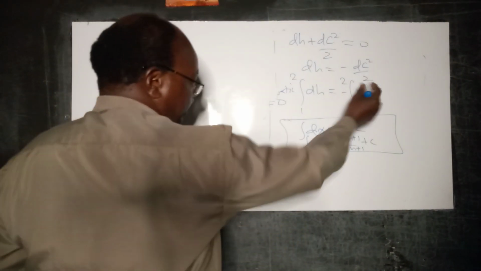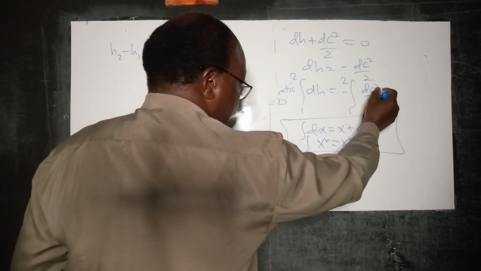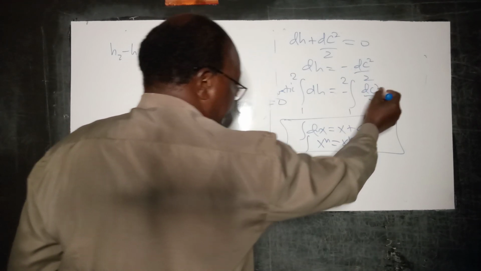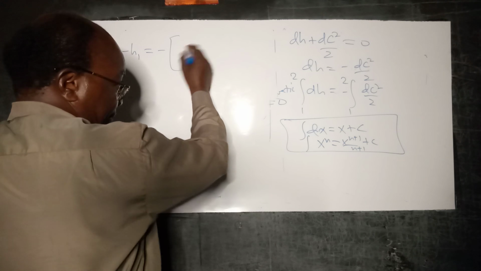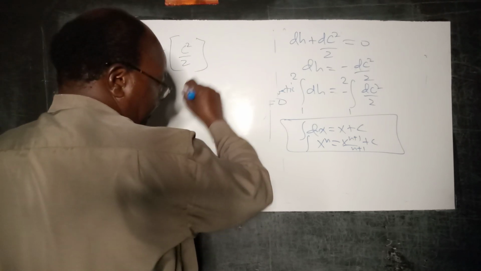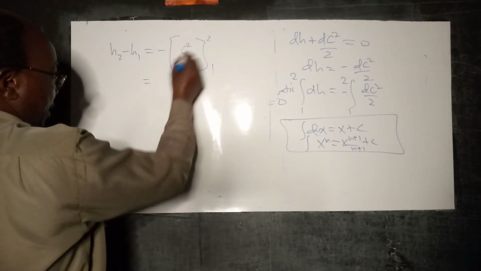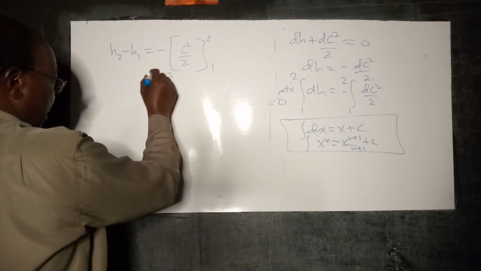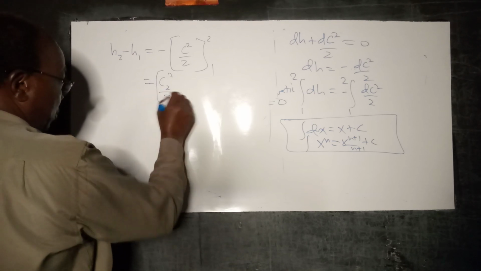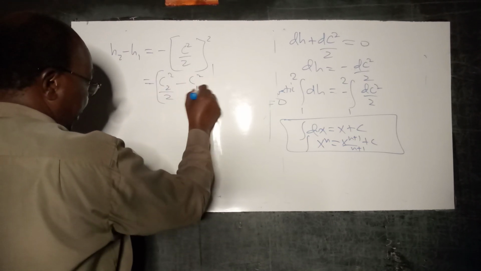If we integrate this quantity, for C squared, we will have C squared over 2, evaluated from 1 to 2, so that becomes minus C2 squared over 2 minus C1 squared over 2.